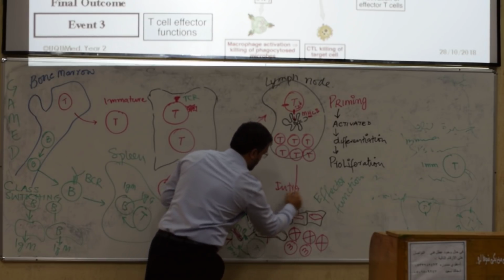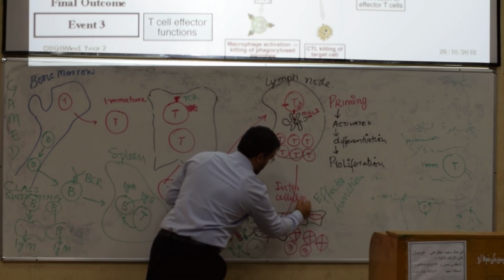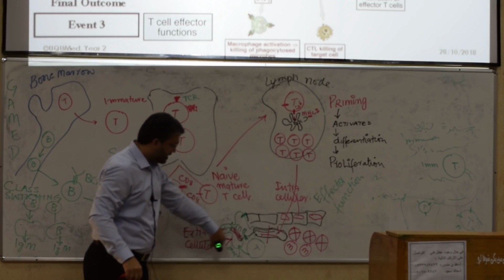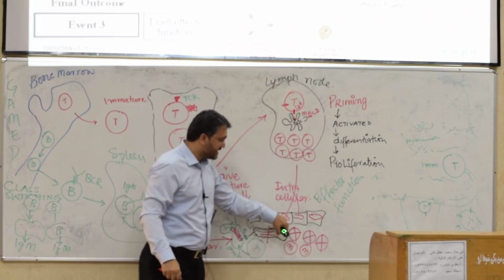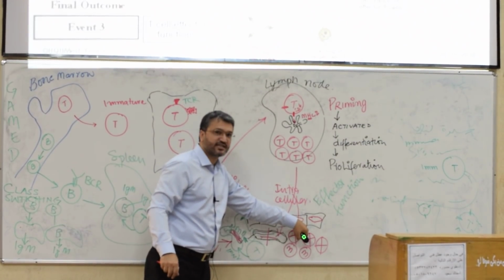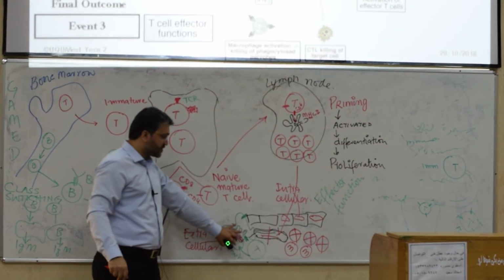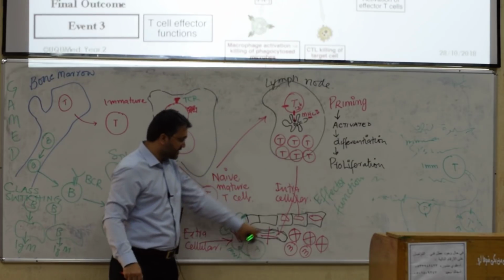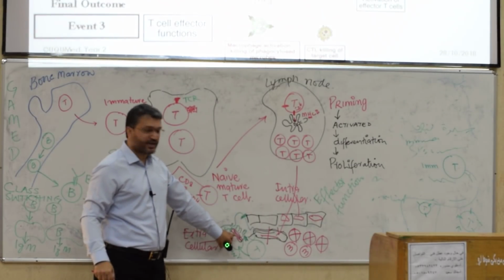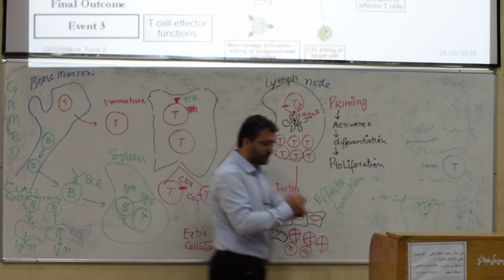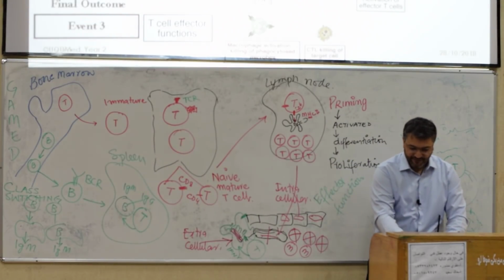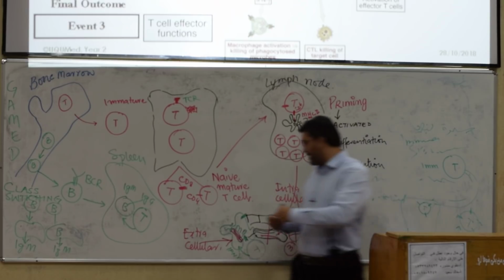Here the macrophage has engulfed the extracellular bacteria. Here the intracellular bacteria is inside the cell. The macrophage stays in the tissue, the effector CD4 cells come here and CD8 cells come here. So now the effector cells migrate to this part.